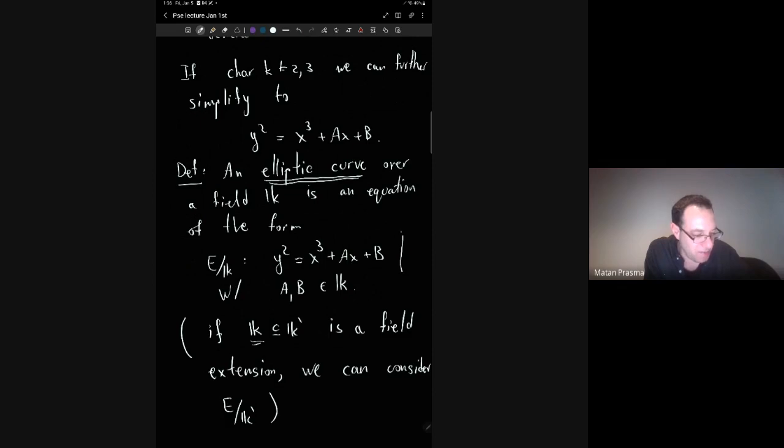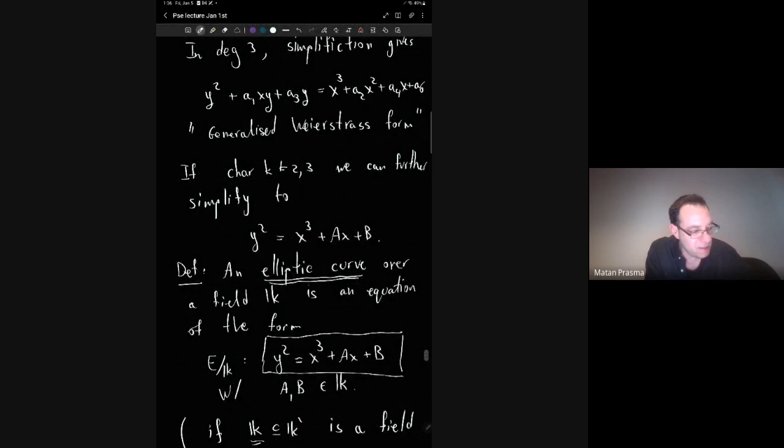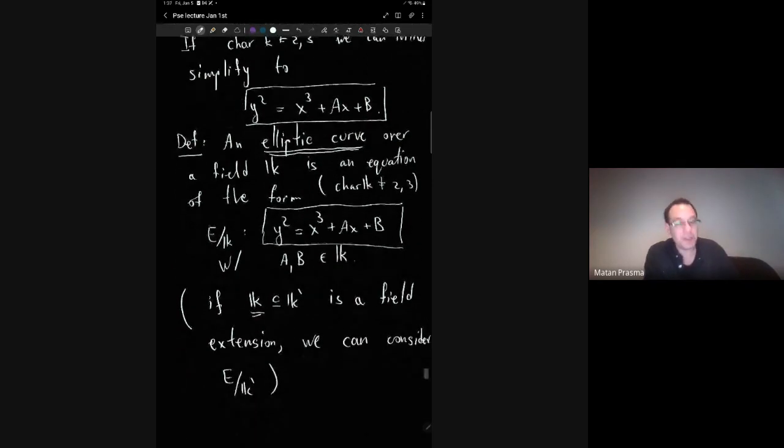and you have this equation that, as we said, can be simplified from the generalized Weierstrass form if we have a characteristic different than 2 or 3. And I didn't finish the definition.